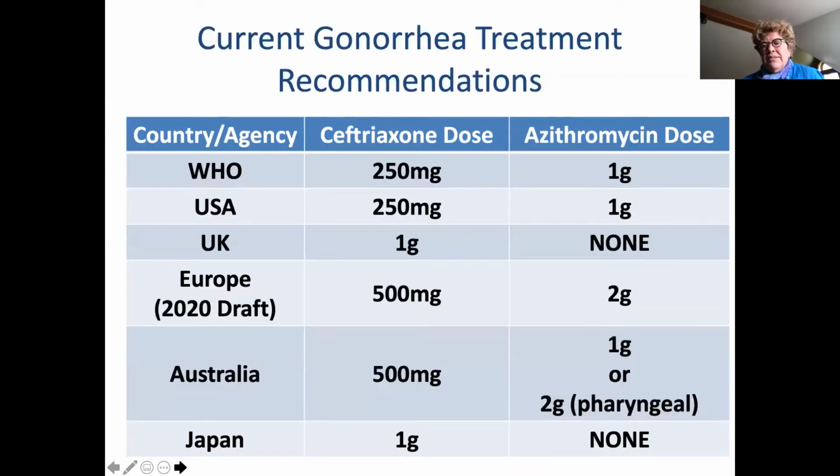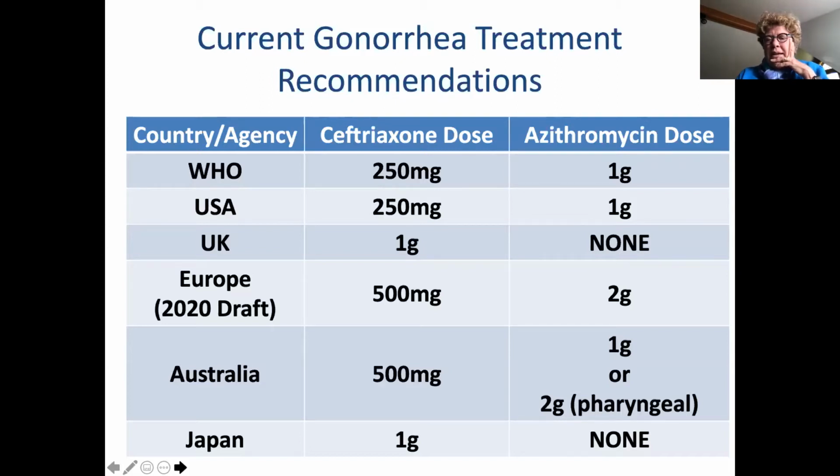I touched on this, but just want to come back to it and make sure people understand that the treatment of gonorrhea is evolving. Already, you can see that the doses of ceftriaxone range from the US, which is on the low end with 250 up to a gram in Japan and the UK.